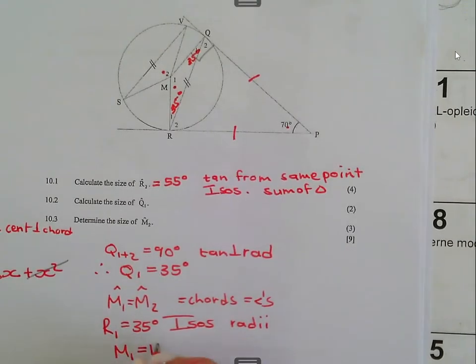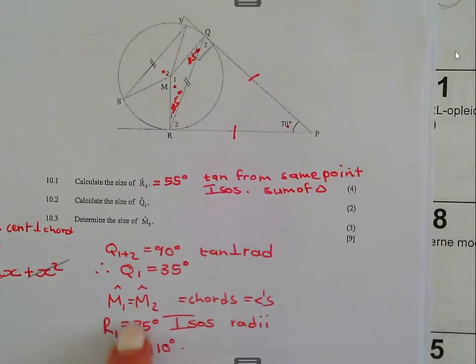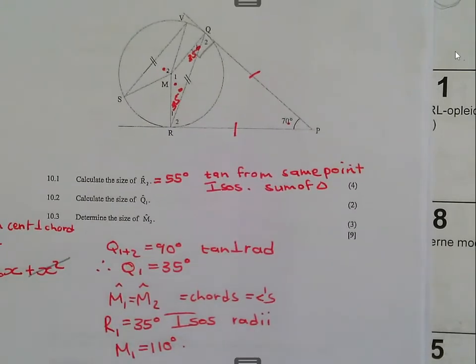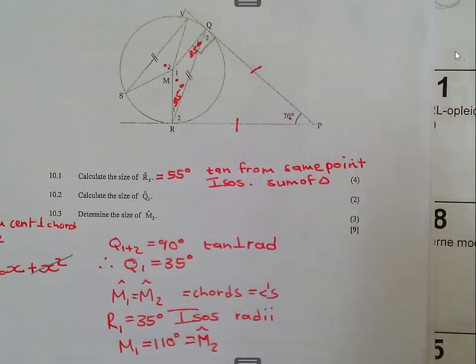It's 110 degrees. And I've already said that M1 is equal to M2. You can add it there if you want to. Okay, that was what you had for homework, right?